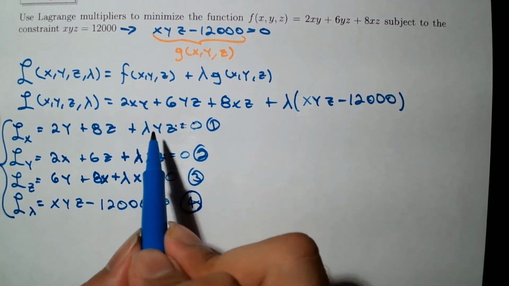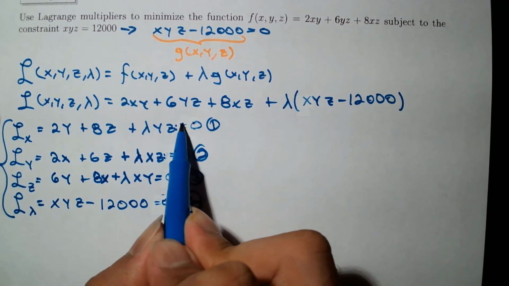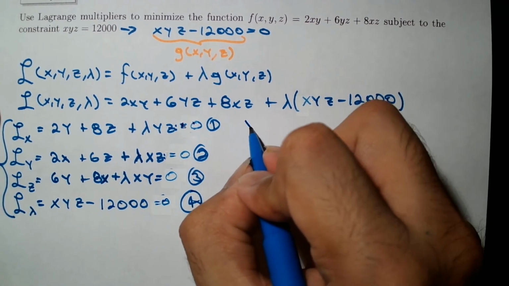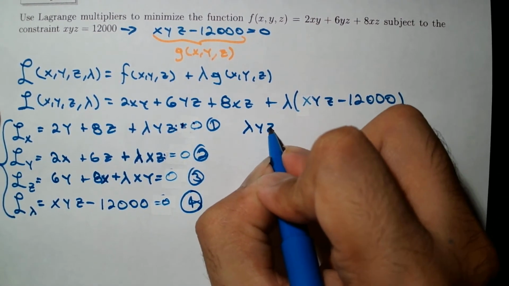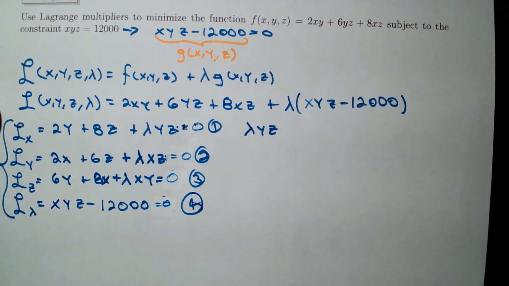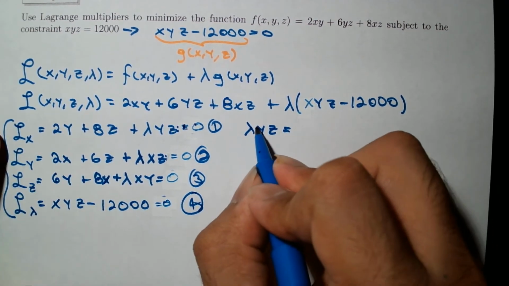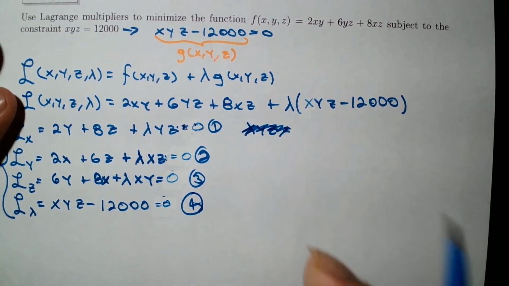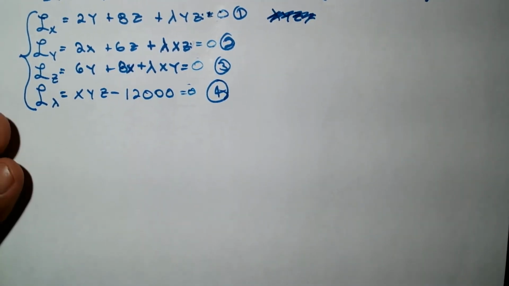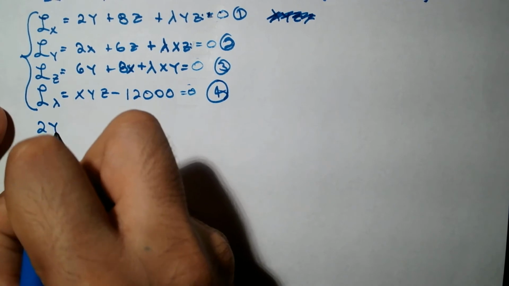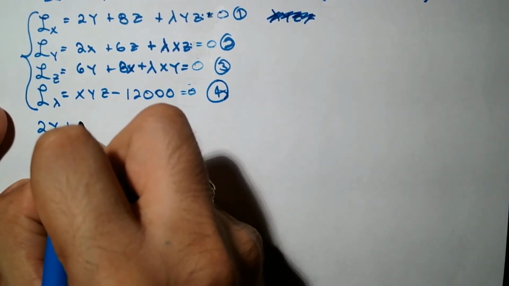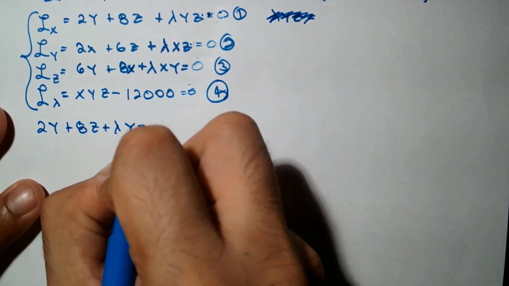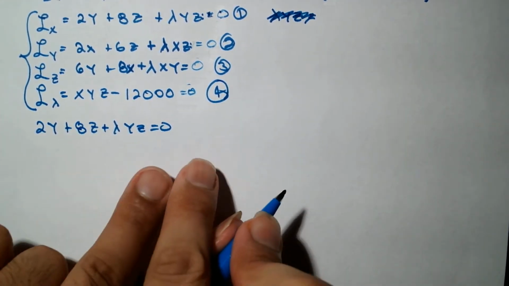I'm going to solve for the term that has the lambda. Let me write the whole thing: 2y plus 8z plus lambda yz equals 0. And I'm going to move these terms to the other side.